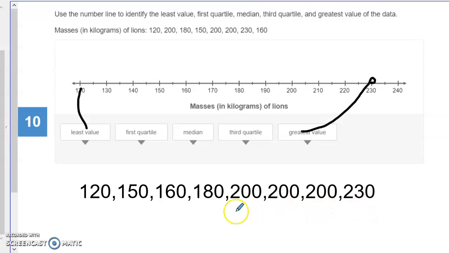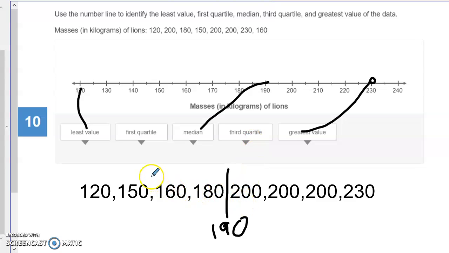Now I have 1, 2, 3, 4, 5, 6, 7, 8 numbers again. So that means I'm going to split it in half right there. And then to find the median of those two numbers, I would add 180 plus 200 divided by 2, and that means my median is 190. So I would drag my median right there to 190.